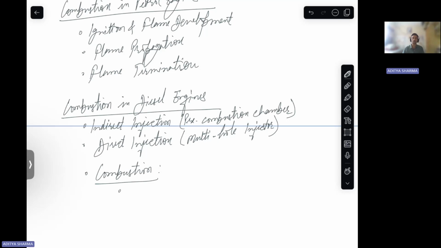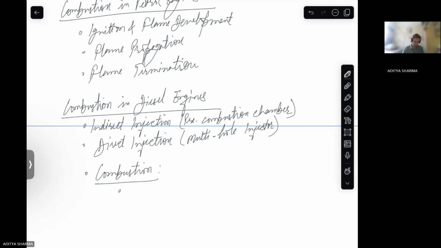Firstly, when the fuel is injected in the combustion chamber, it gets premixed, and this burning is the same as in the premixed type of combustion system. But once we have a flame and we again inject fuel in the combustion chamber, the combustion that takes place is of diffusion type, where the fuel and oxidizer come together, diffuse, and give rise to further combustion.